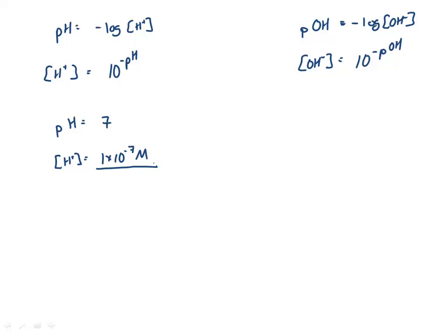For instance, in my calculator I have to type in -7, and then for me that 10 to the x key is the inverse of the log key, so I just do that and I get 1 times 10 to the minus 7 molar. So I always memorize 7, the example, because it's easy and it's a good way to double check if I haven't used my calculator, or I pick up one of your crappy calculators that is too complicated for me and have to use that.